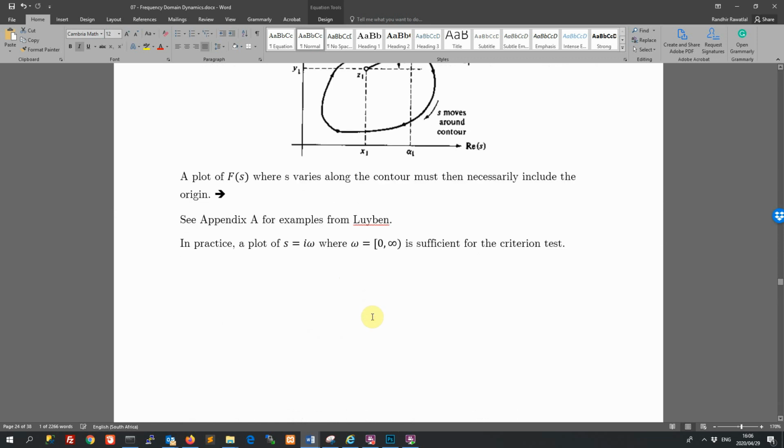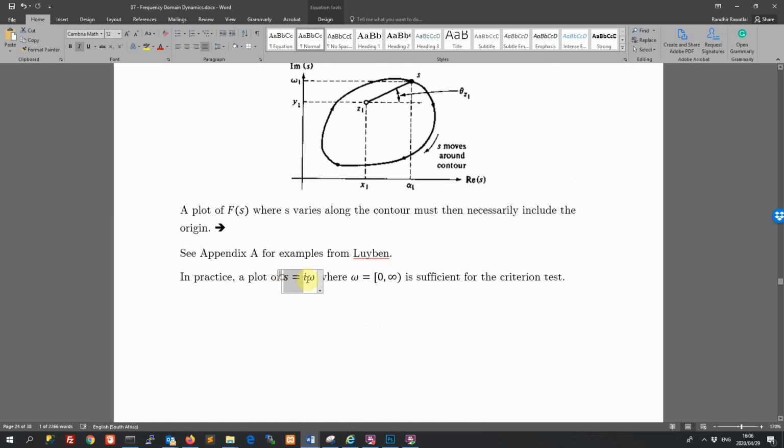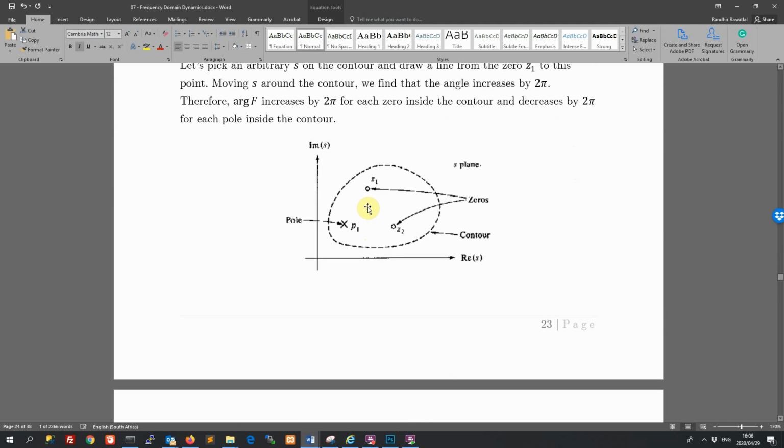And the way we do that is, we've already been talking about s equals i omega. So in the s-plane, if we are talking about s equals i omega, then we go straight up this axis. And so simply if we let omega go off to infinity, and we've already been working with large values for omega.